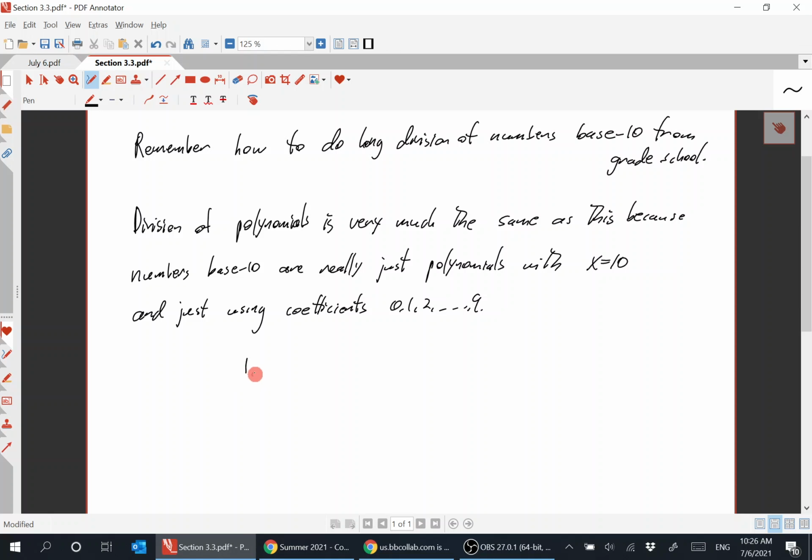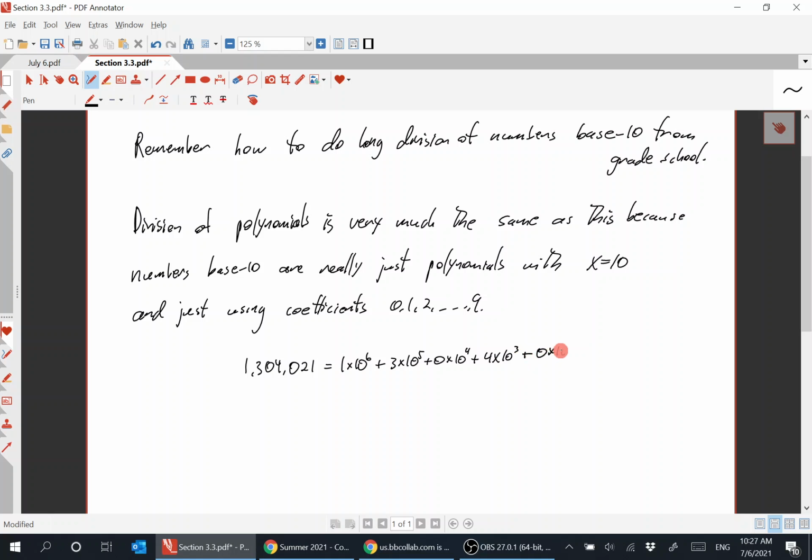If you've got 1,324,021, let me put another 0 in here. What is this? Well, this is 1 times 10 to the 6th plus 3 times 10 to the 5th plus 0 times 10 to the 4th plus 4 times 10 to the 3rd. 10 to the 3rd is 1,000, right?